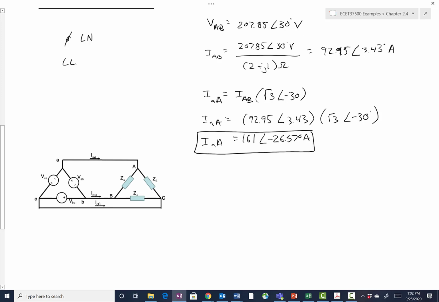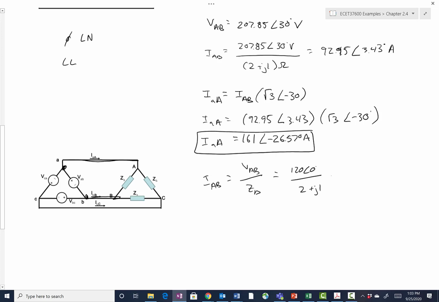So we want to find the current IAB flowing through the delta load. We can just write our Ohm's law for VAB divided by Z delta right there. And we see that we do get a little bit of a break here. That voltage source is connected directly across the delta load. So that's just 120 angle 0 degrees divided by 2 plus J1.